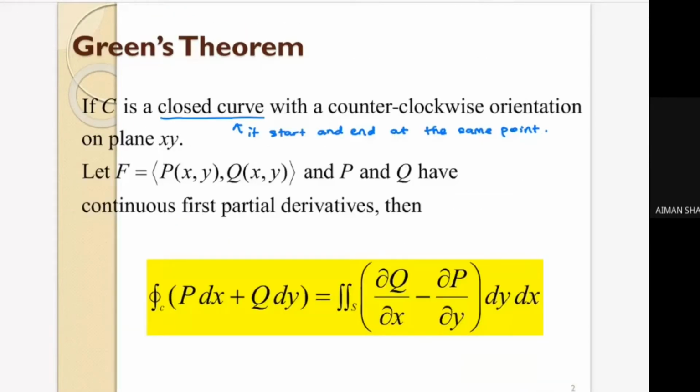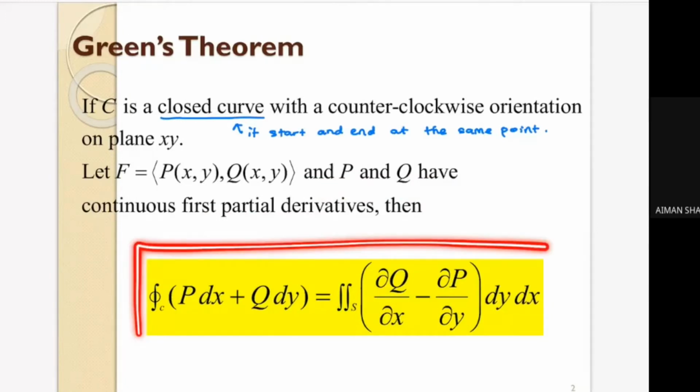So what is the definition of Green's theorem? If C is a closed curve, meaning it starts and ends at the same point, with a counterclockwise orientation on plane XY, let F be a function P(x,y), Q(x,y), and P and Q have continuous first partial derivatives. Then Green's theorem is given by this definition.